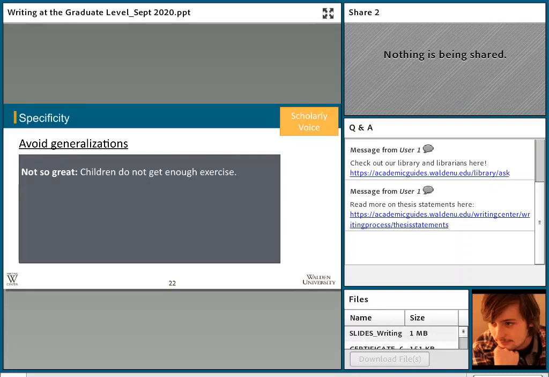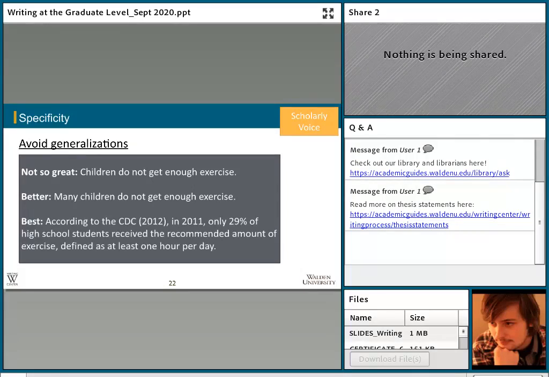So by saying this generally, you're making a blanket statement that really doesn't apply to every child, right? To make this better, you could say something like, "Many children do not get enough exercise." So again, it's better. You're leaving room for some children that do get enough exercise, but it really doesn't have the level of specificity that's needed for graduate level writing.